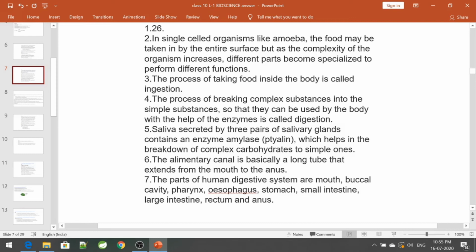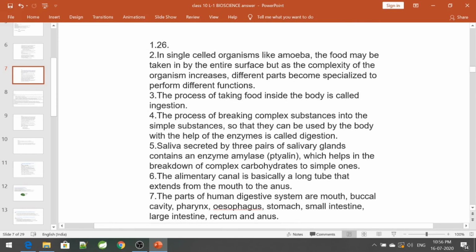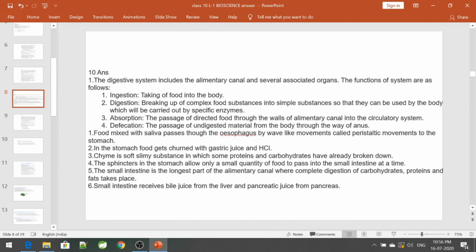The alimentary canal is basically a long tube that extends from the mouth to the anus. The parts are the mouth, buccal cavity, pharynx, esophagus, stomach, small intestine, large intestine, rectum, anus. The digestive system includes the alimentary canal and several associated organs. The functions of the system are as follows. Ingestion, taking food into the body.